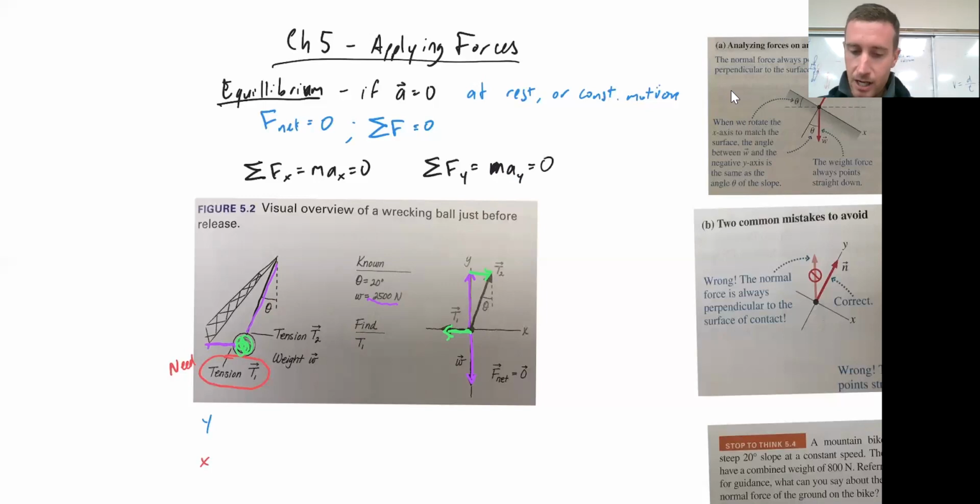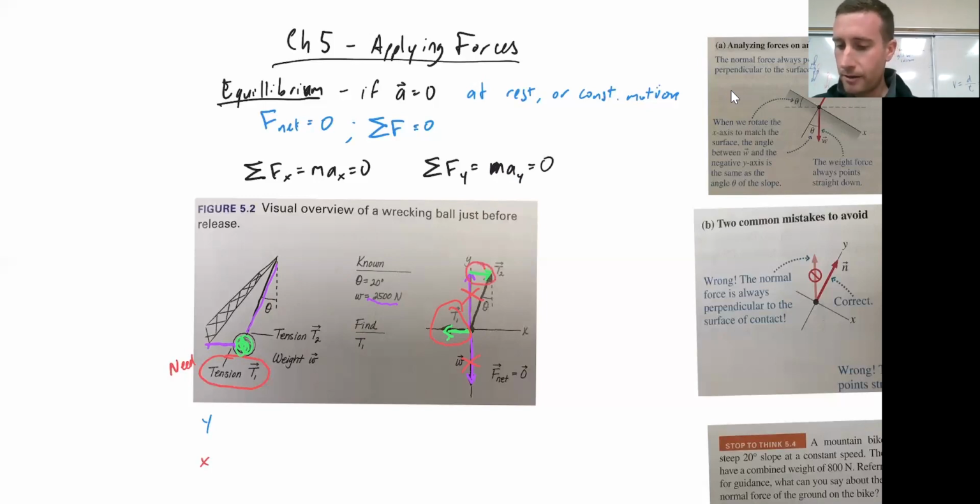Because I just need the tension on this wire, tension number 1, I can ignore these purple ones. The purples are going to cancel each other out anyway, right?